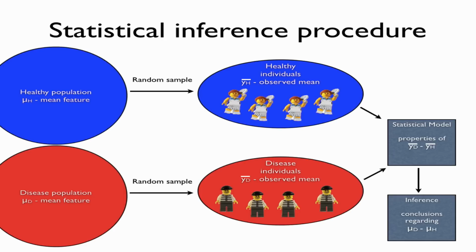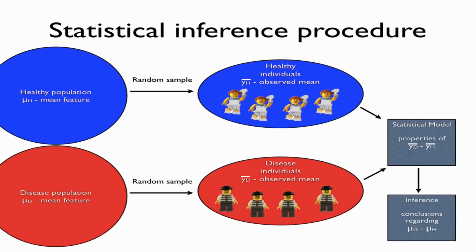The way we do that is that we select a random sample from each of those two populations, and then on those samples we measure the particular trait we're interested in, y, and we also calculate the mean of that trait, y bar, and we compare those means between the healthy sample and the disease sample.